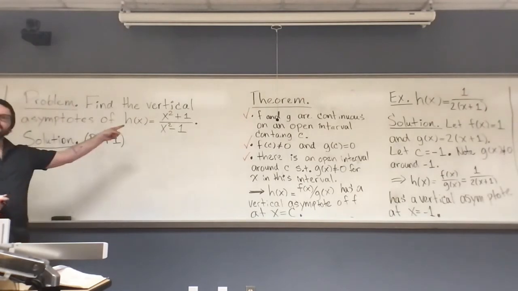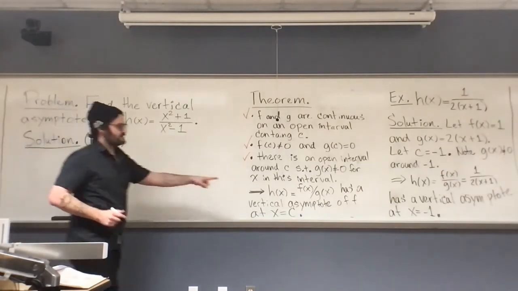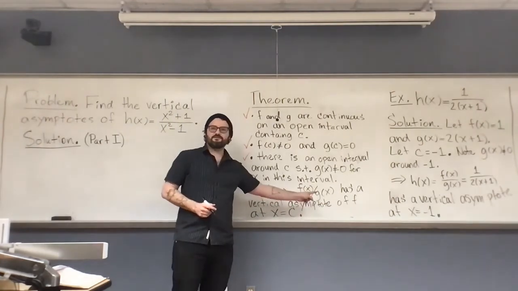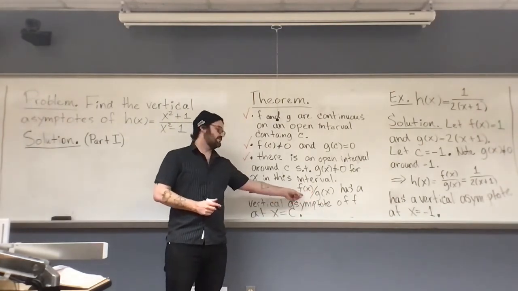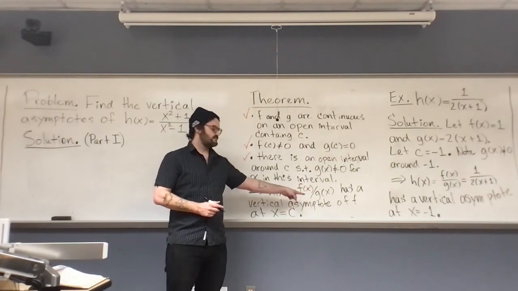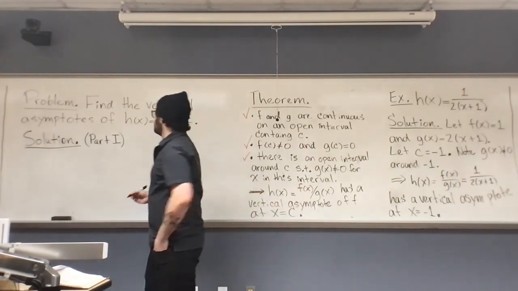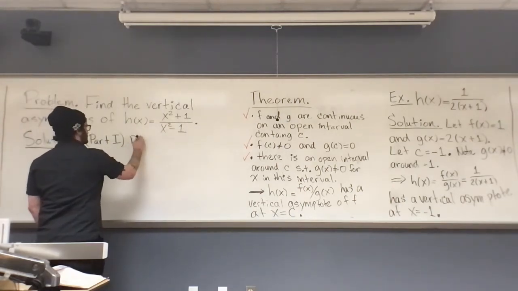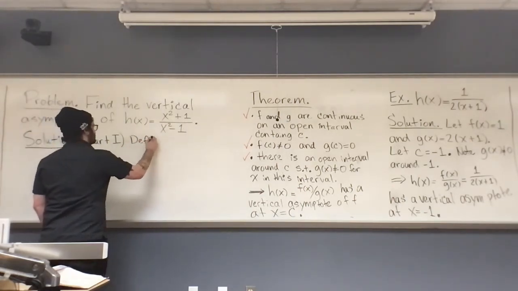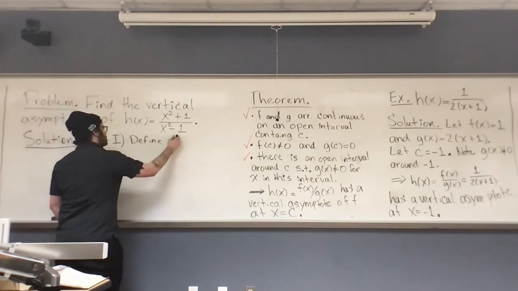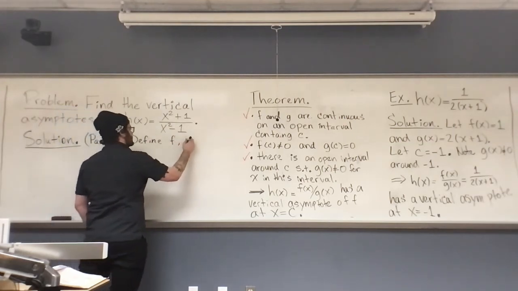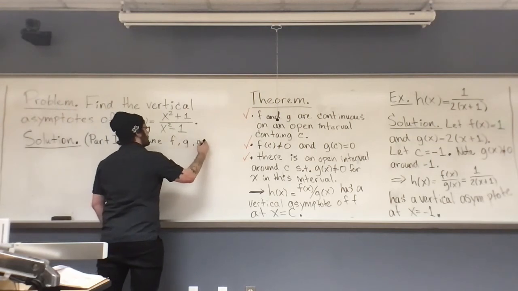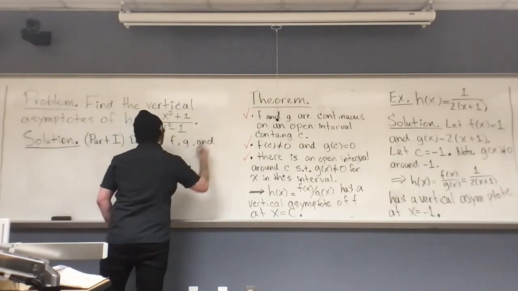We have a ratio that we're trying to get to. Whatever is in the numerator is your f, whatever's in your denominator is your g. So part 1: define f, g, and possible c's.